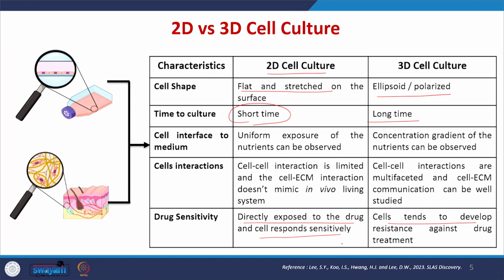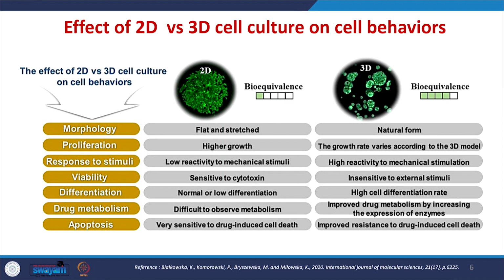That means some of the cells on the top will get the anti-cancer drug and only a few drugs can enter into the scaffold and kill the cells. And when compared to 2D, the 3D cell culture has better bioequivalence. That means it biomimics the original tissue.